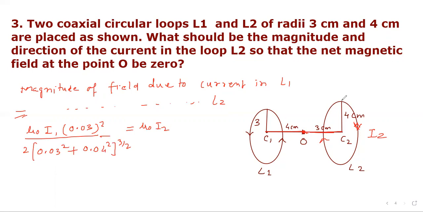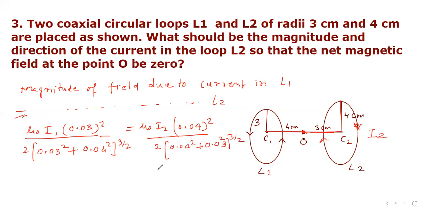This is 3 centimeter and this radius is 4 centimeter. Mu naught I2 times 0.04 whole square divided by twice of (0.04 square plus 0.03 square) whole power 3 by 2.